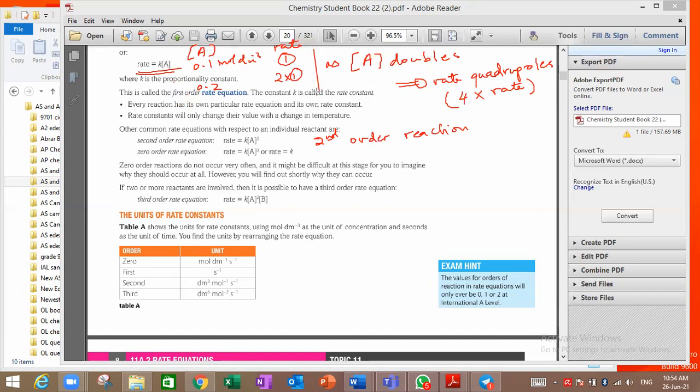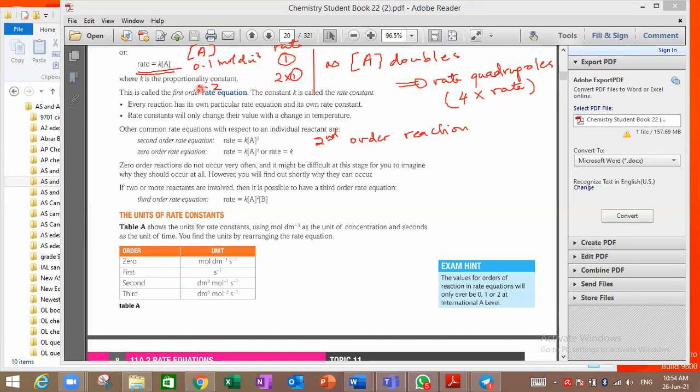But if in another experiment, we make the concentration of A 0.1 moles per decimeter cube and we find the rate is a certain value. If we double the concentration of A, we find that the rate becomes 4 times the first rate, not 2.